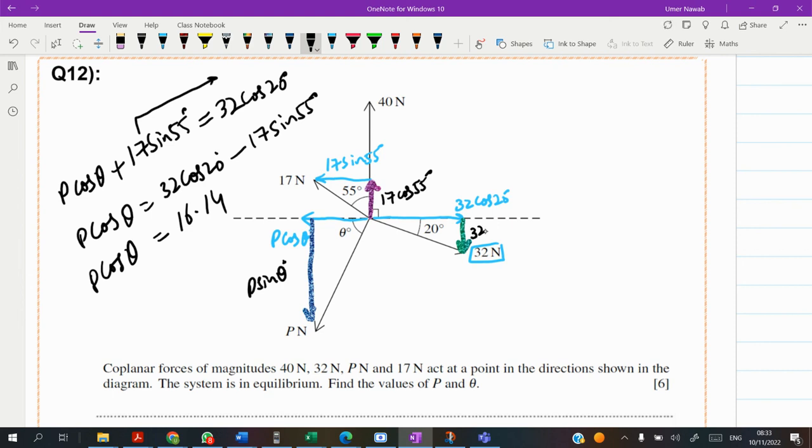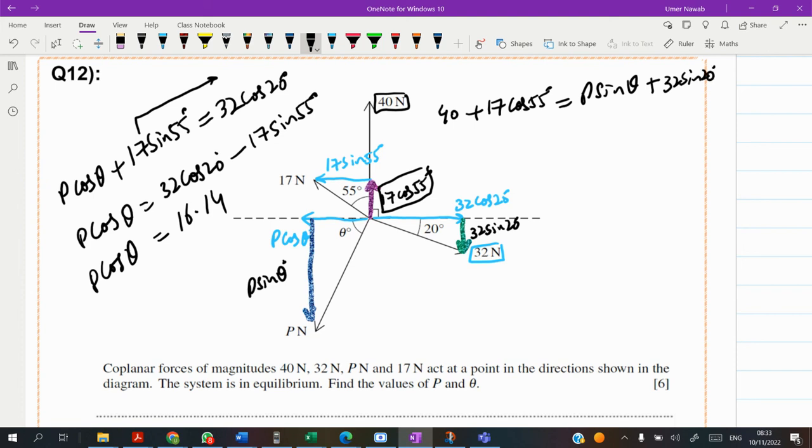This is 32 sine of 20 degrees. Now let me write: my upward forces are 40 plus 17 cosine of 55, and these two forces are upward, equal to p sine of theta plus 32 sine of 20 degrees.